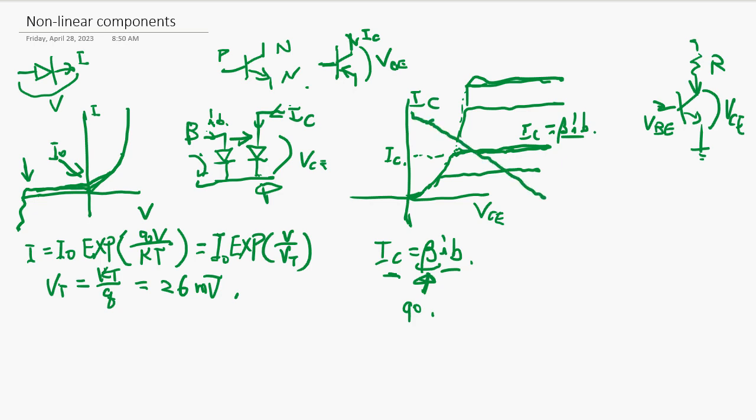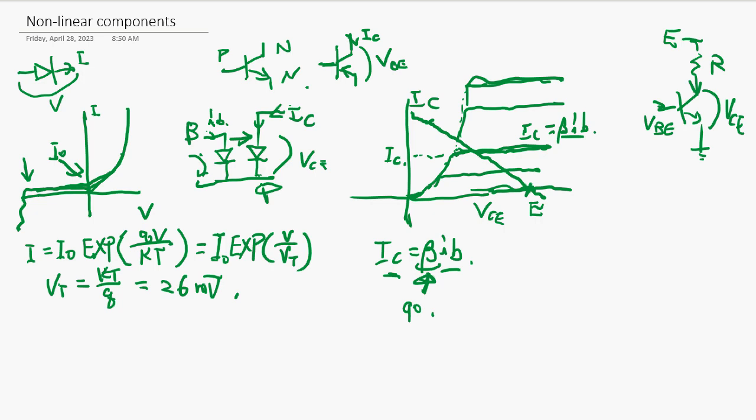This circuit is analyzed by this load line. It means if IB is 0, then this is the maximum E, and no current flows.